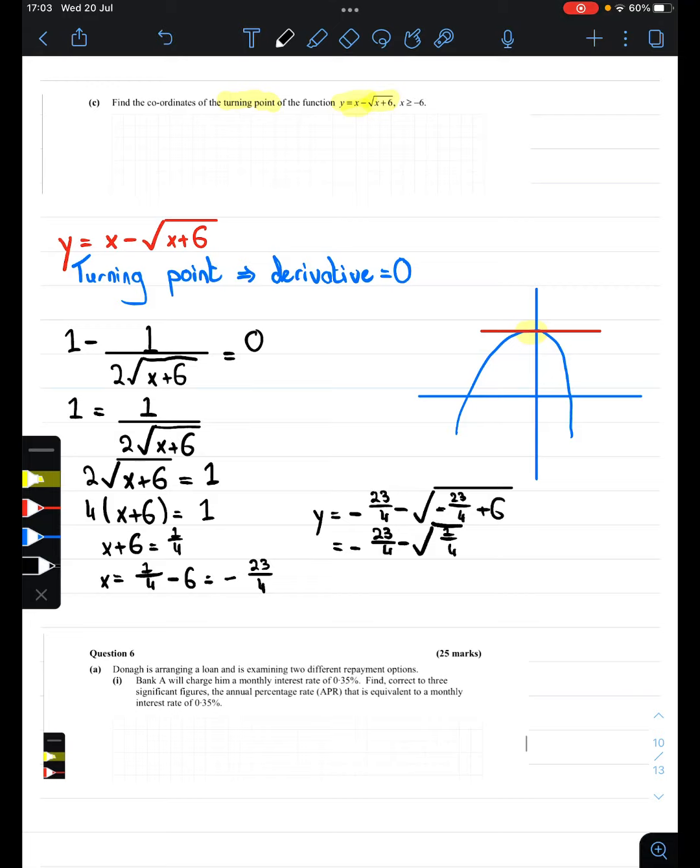And the square root of 1/4 is simply 1/2. So we get minus 23 over 4 minus 1/2, and this will give us minus 25 over 4.